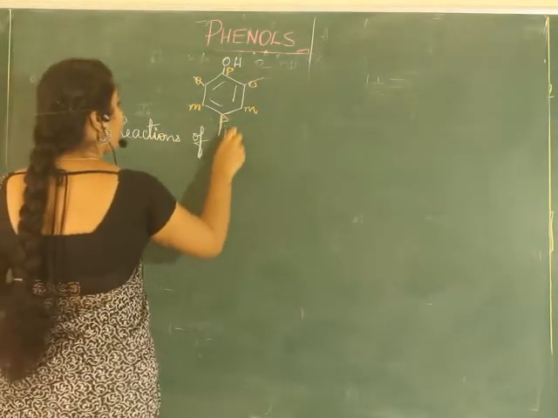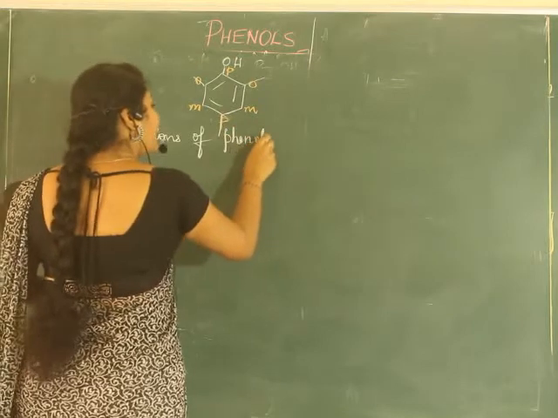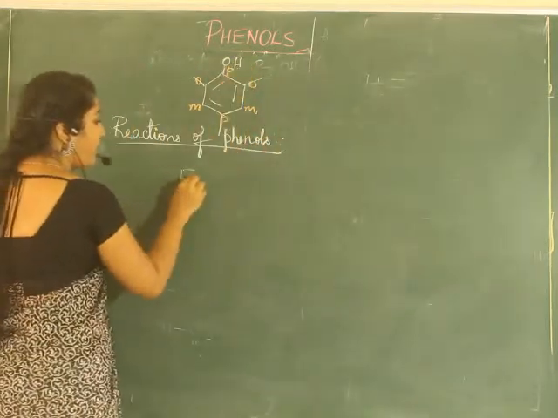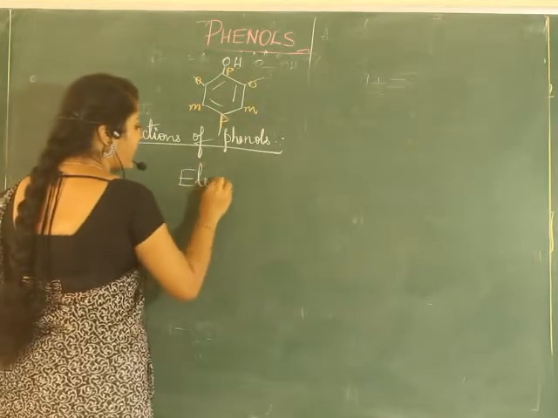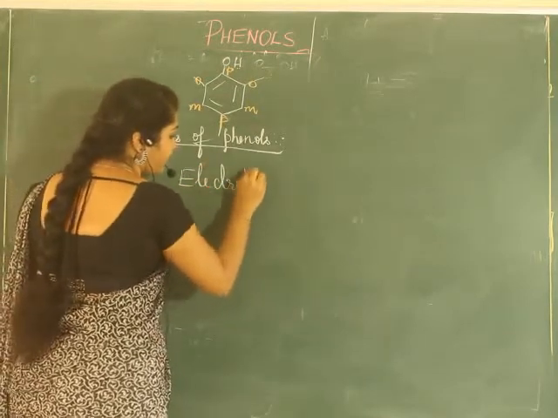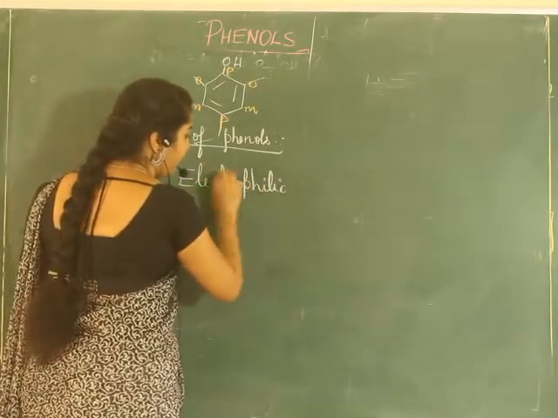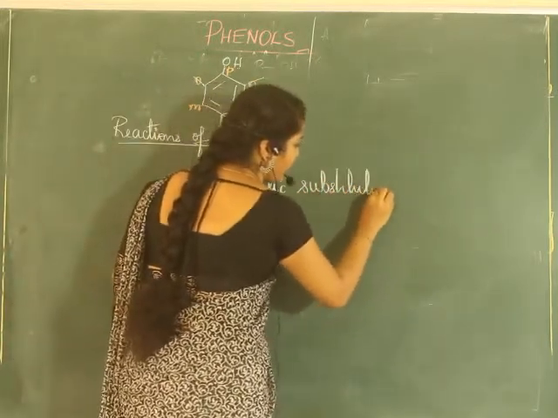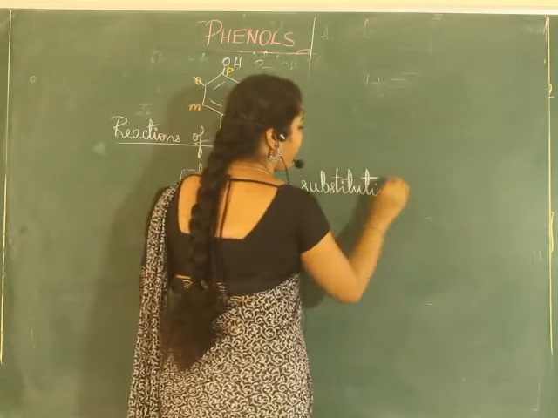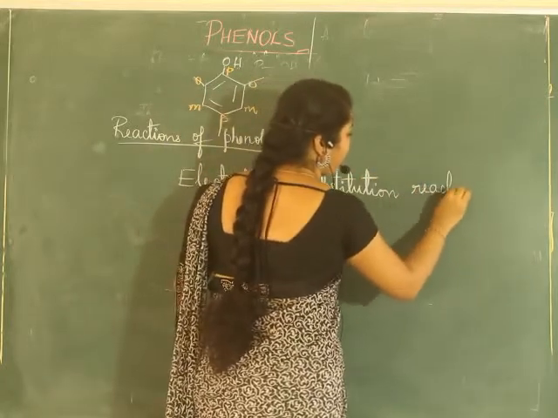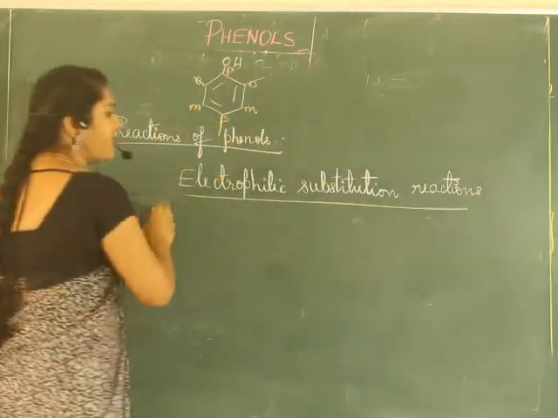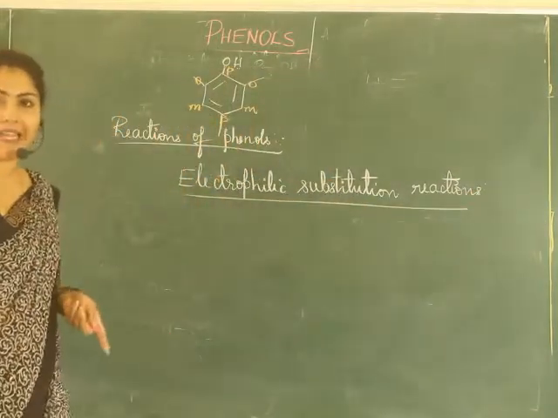Now, in the reactions of phenols, the OH group helps for electrophilic substitution reaction. Why again?